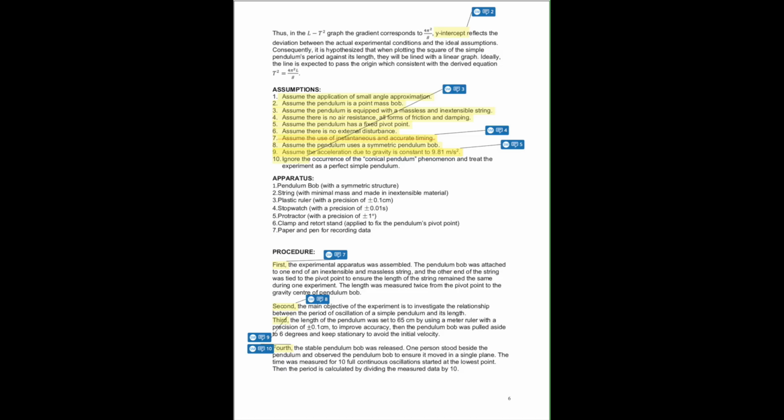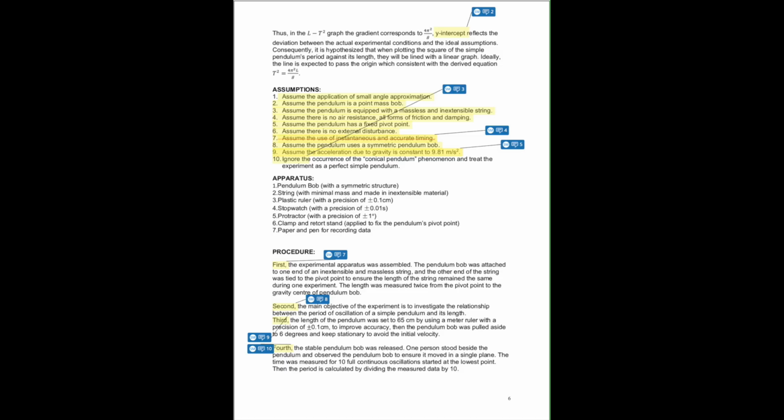The physical relevance of each condition should be explained. An inconsistency appears. One assumption states instantaneous and accurate timing. Yet the later uncertainty analysis correctly accounts for human reaction time, contradicting that assumption.